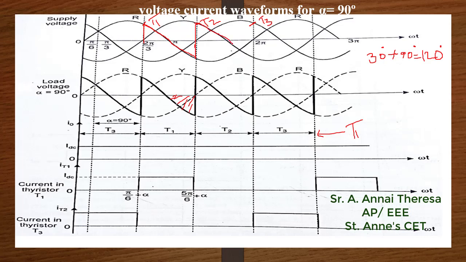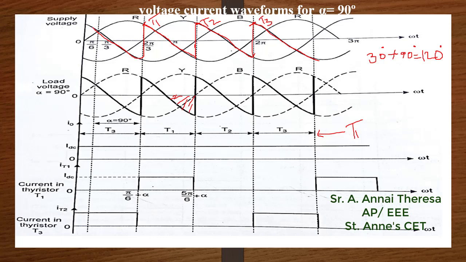Then again at this point T3 is triggered, so the B phase voltage will appear across the load. These negative voltages are due to the inductance effect. The previous one also we can draw in this waveform.